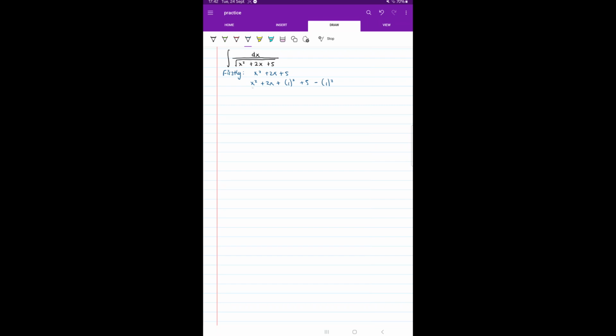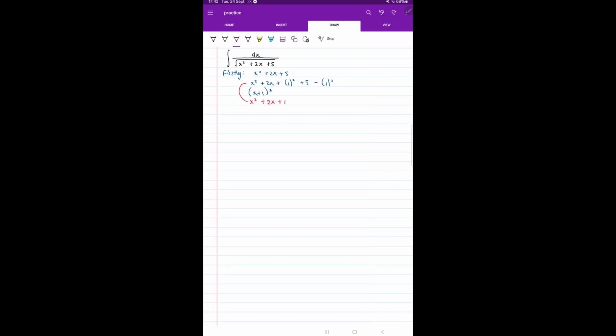now completing the square. So what do I do? I take this term, square root it individually, take the last term, square root it individually, put it in a bracket, and then square it. Now how would I know if it's correct? If I square this out, square the first term, multiply all these together, so 2 times x times 1, 2x, square the last term, and we have the same thing here.